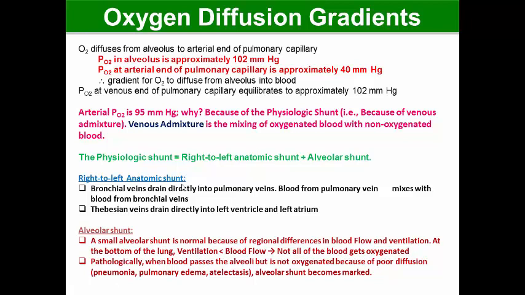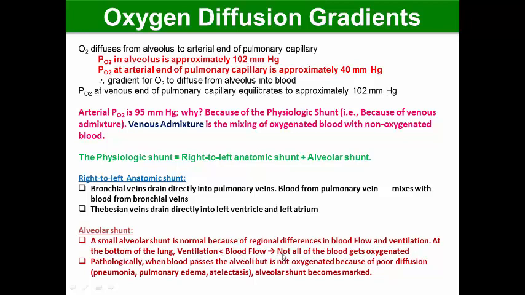Now, under normal conditions, we have a small alveolar shunt. And this is because of the regional differences in blood flow and ventilation. We will describe this in one complete lecture. So at the base or at the bottom of the lung, ventilation is less than blood flow.